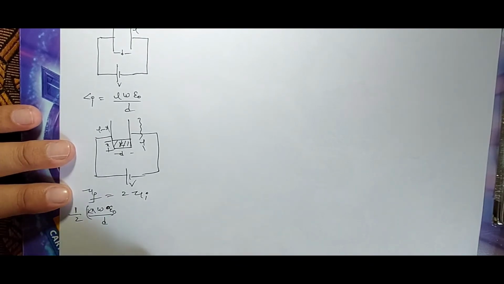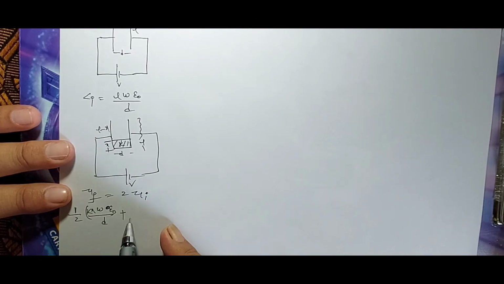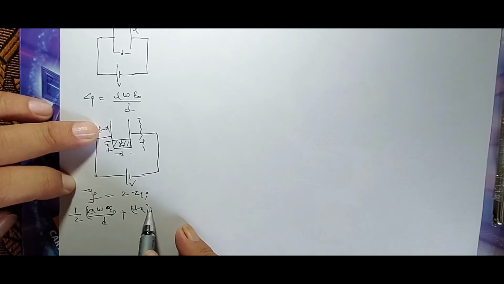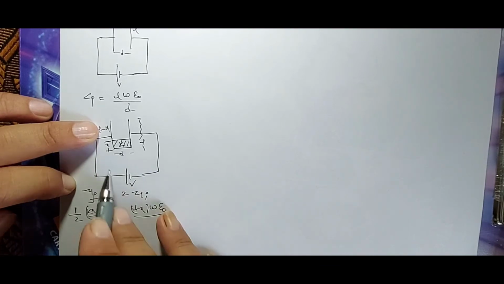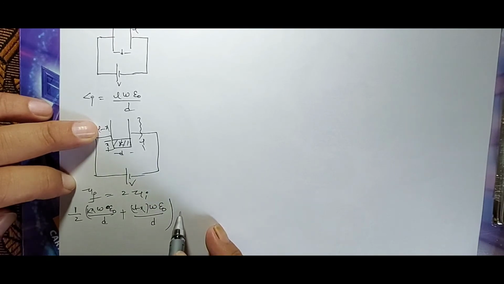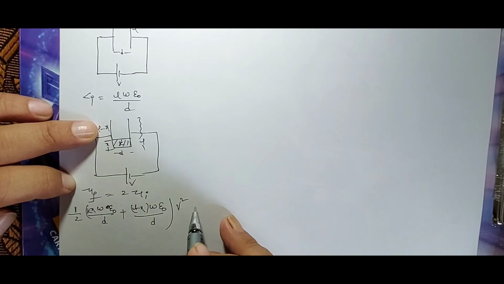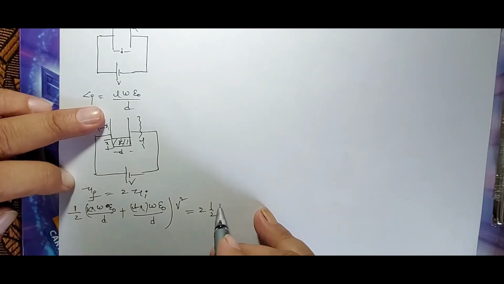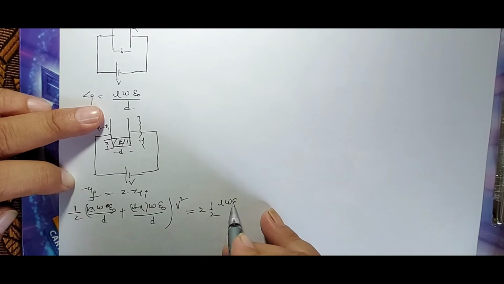There is no change in D. The length of the remaining capacitor is L minus X, in air medium, width W, epsilon naught by the gap, which is the same D. This is the total capacity, into V square, and that is equal to 2 into U initial, which is half into L W epsilon naught by D into V square.